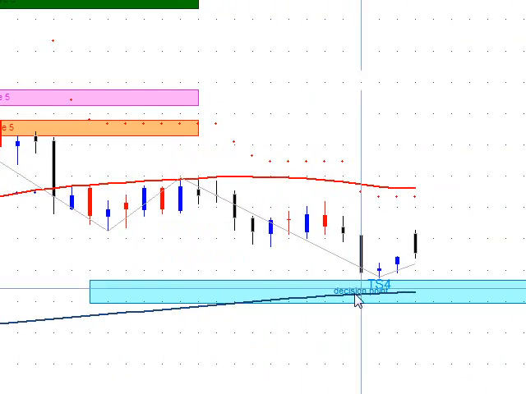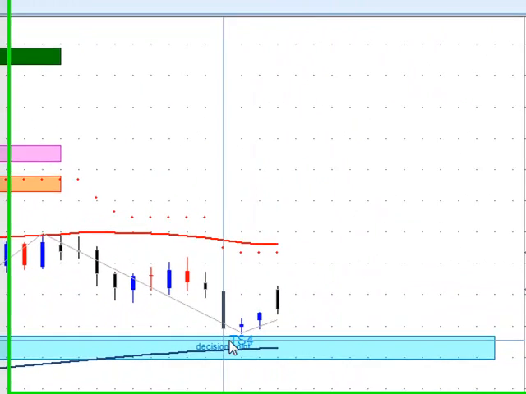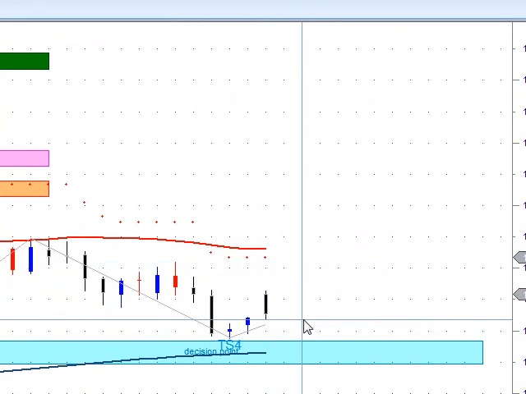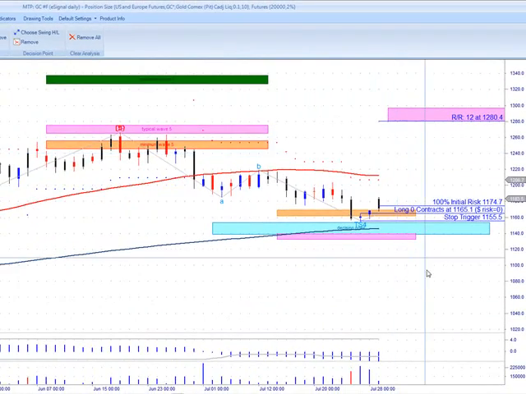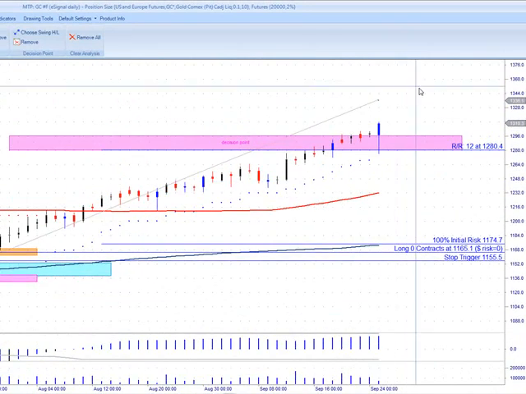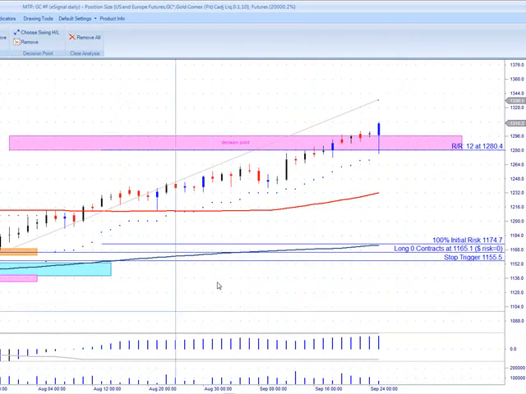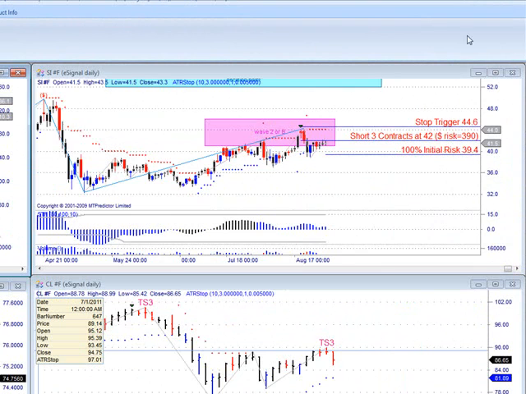Again, below the 50-day, above the 200-day, we got this TS4 buy signal. This was a 12-to-1 risk reward. Of course, gold did hit that and went beyond. So that's what we're looking at potentially in gold.